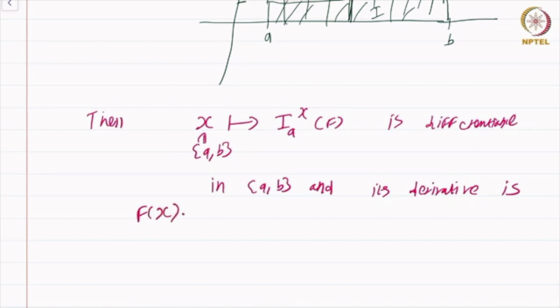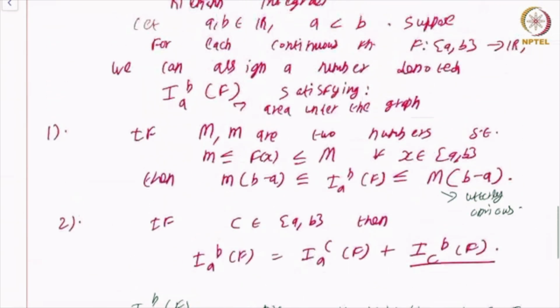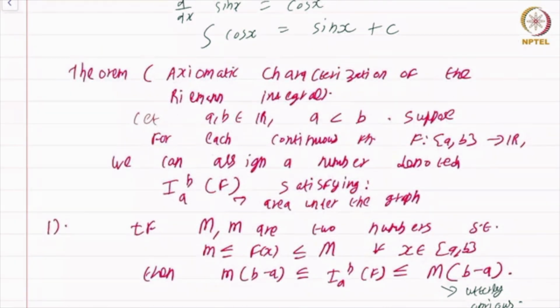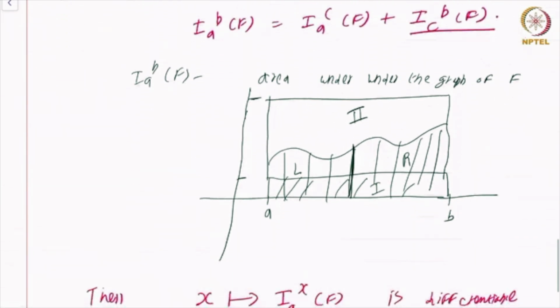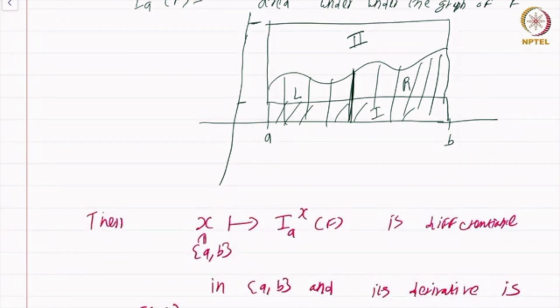Okay, so this big theorem called the axiomatic characterization of the Riemann integral just says that if you take the most primitive properties that you would expect a function that takes a given function to the area under the graph of the function, that is properties 1 and 2 that I have written here, it turns out that something like the fundamental theorem of calculus is true.